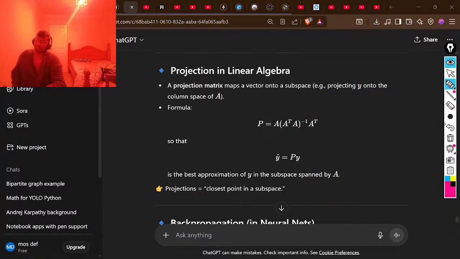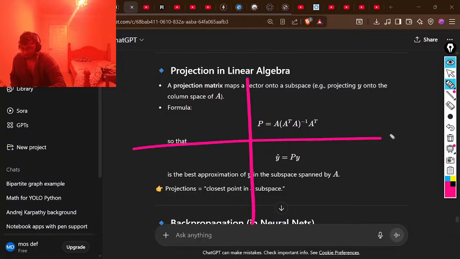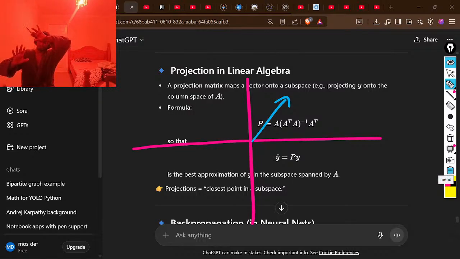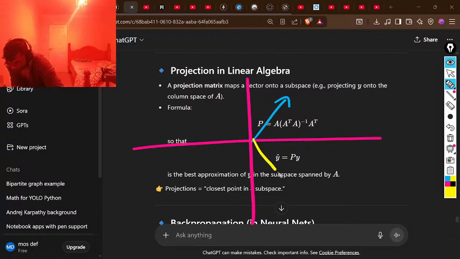Let me get an actual example going. Let's say we take this vector and we transform it: we flip it upside down, then flip it left to right.